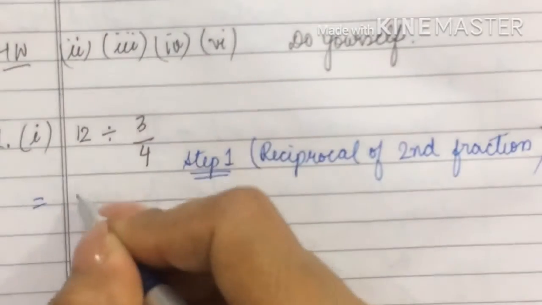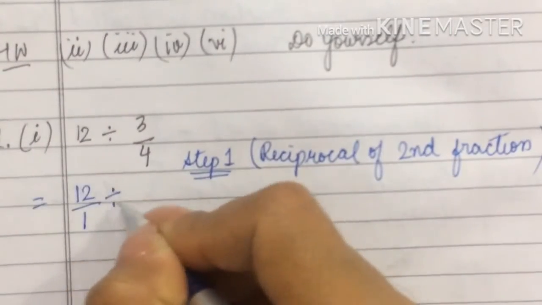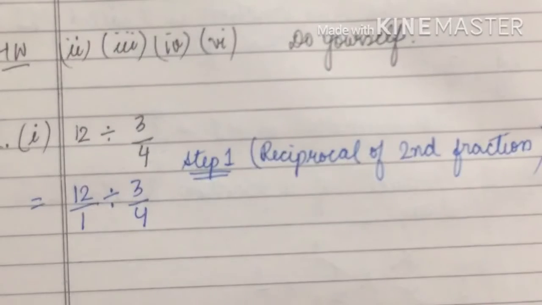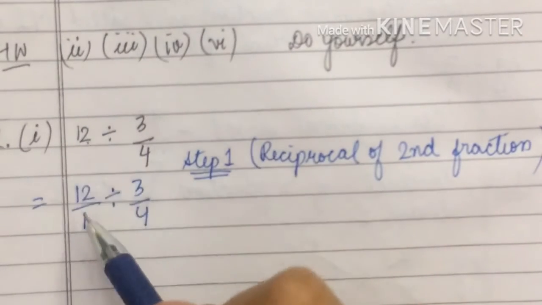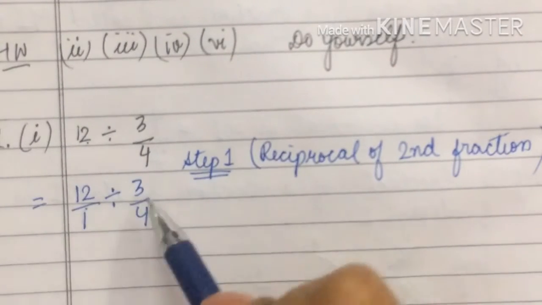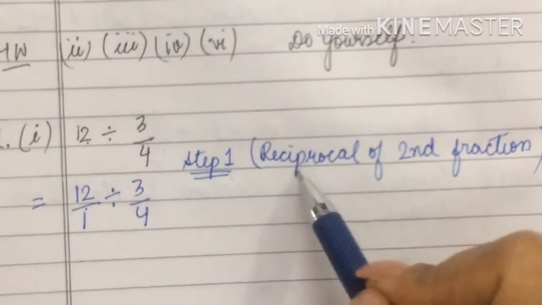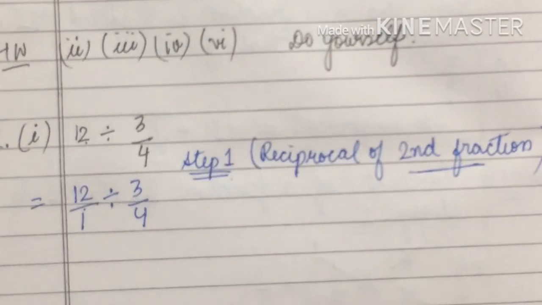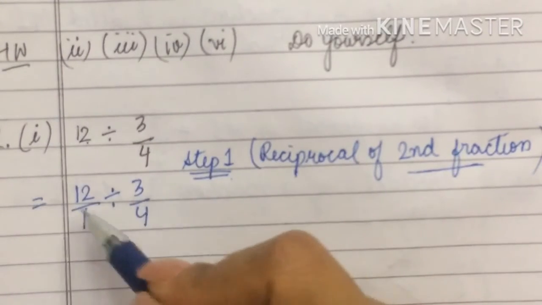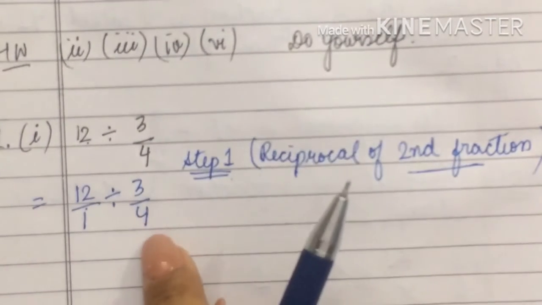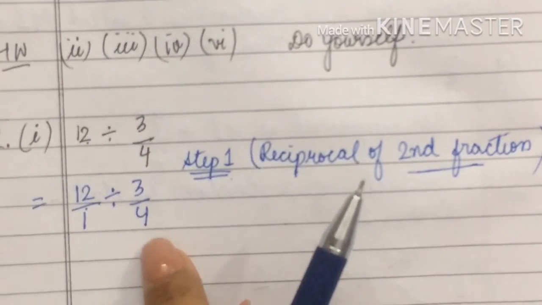So this can be written as 12 over 1 divided by 3 over 4. Because 12 was a whole number, I have written it as a fraction. The second place is already a fraction. I want to obtain the reciprocal of the fraction at the second place, the one after the division sign. So I need the reciprocal of 3 by 4.